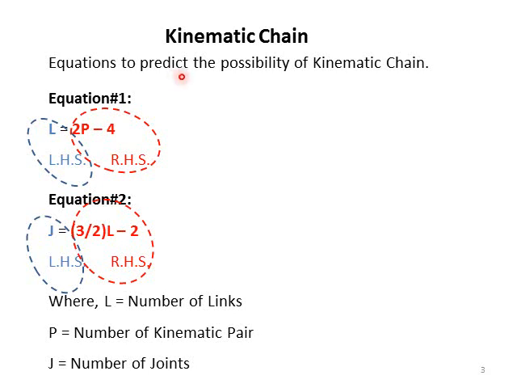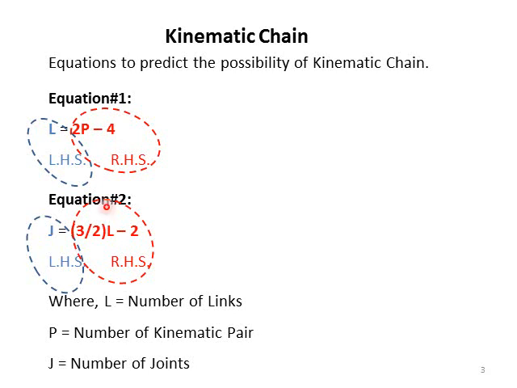To predict whether a combination of links and joints is to be called a kinematic chain or not, we have two equations. Equation number 1 is L equal to 2P minus 4. L is our left hand side in the blue color, and 2P minus 4 is our right hand side in the red color.